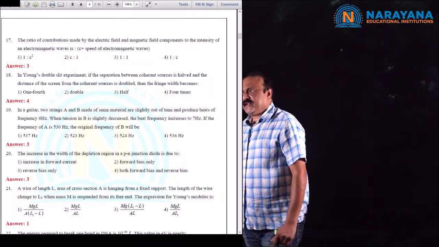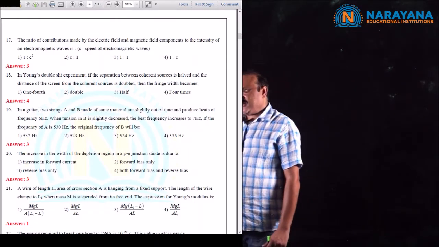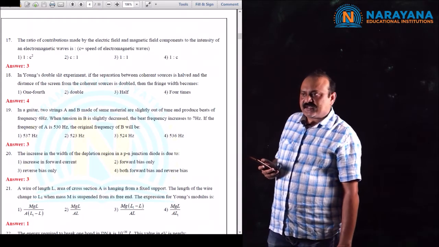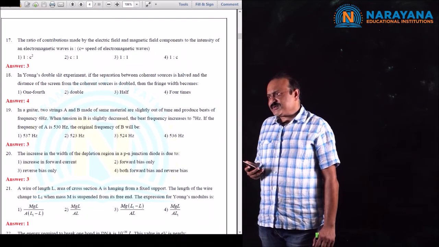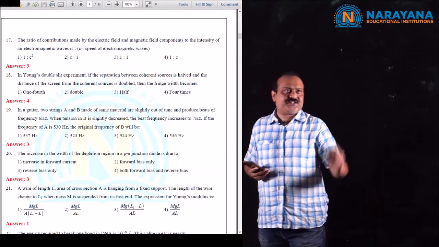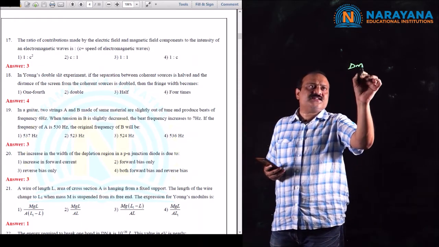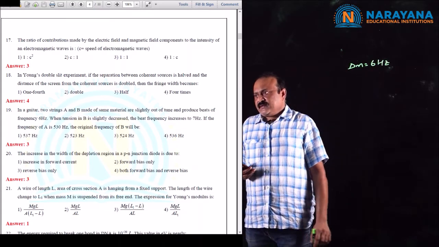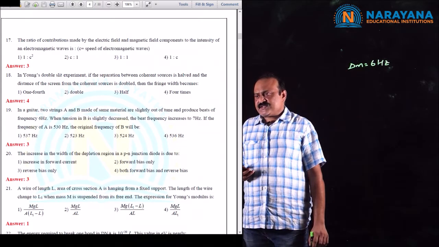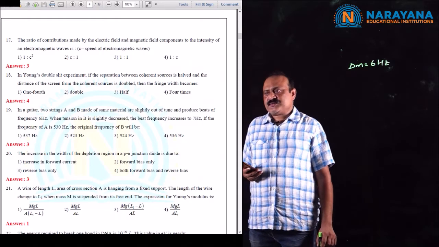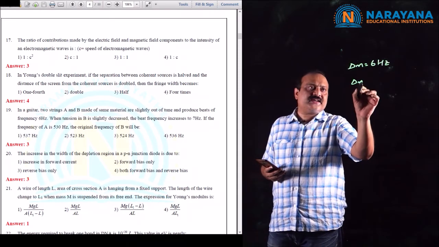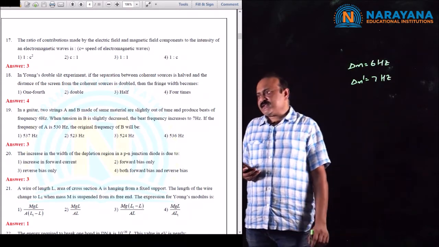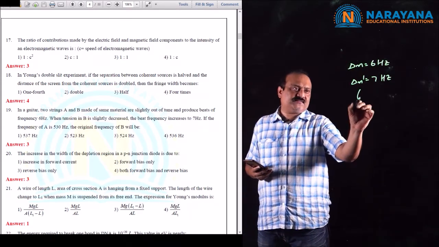Question number 19. In a guitar, two strings A and B made of the same material are slightly out of tune and produce beats of frequency 6 Hz, that is delta N is equal to 6 Hz. When the tension in B is slightly increased, the beat frequency increases to 7 Hz, that is delta N dash is 7 Hz. The frequency of A is 530 Hz.